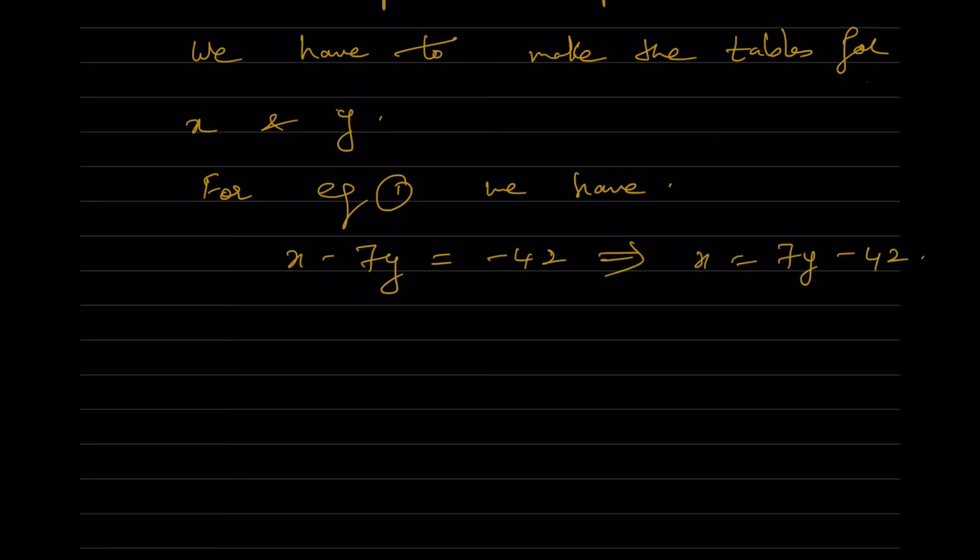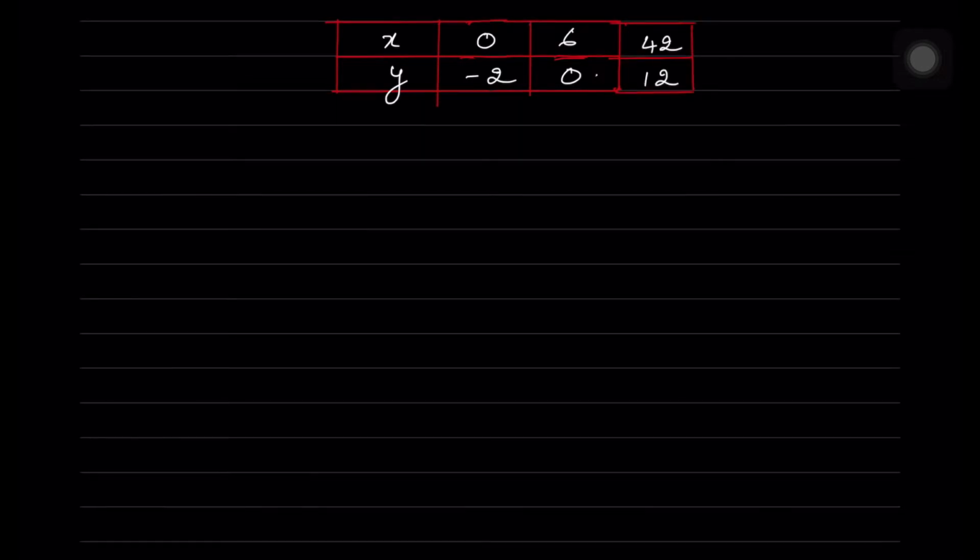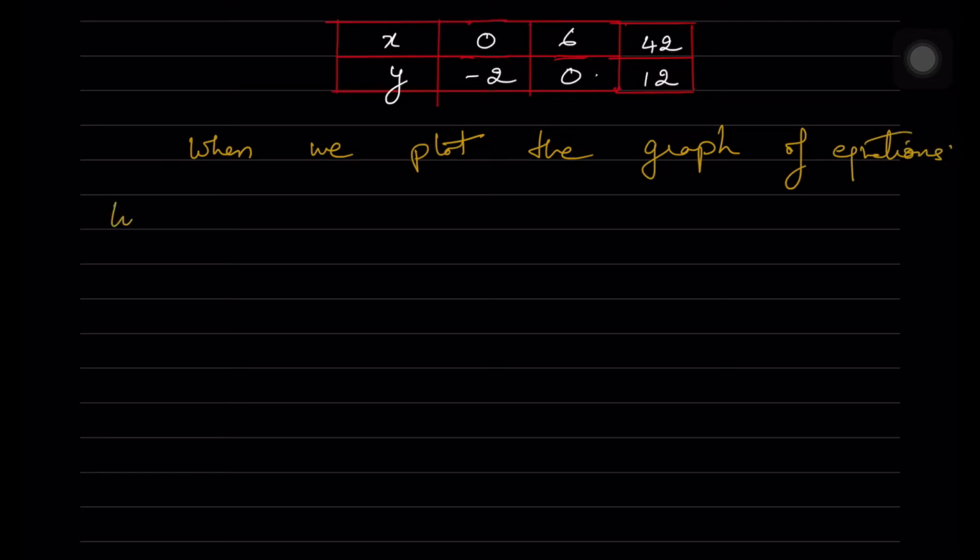Taking x and y values, for different x values we get different y values. From equation 1 we have x minus 7y is equal to minus 42, or x is equal to 7y minus 42. Putting in this over here, we can put first x is equal to 0.